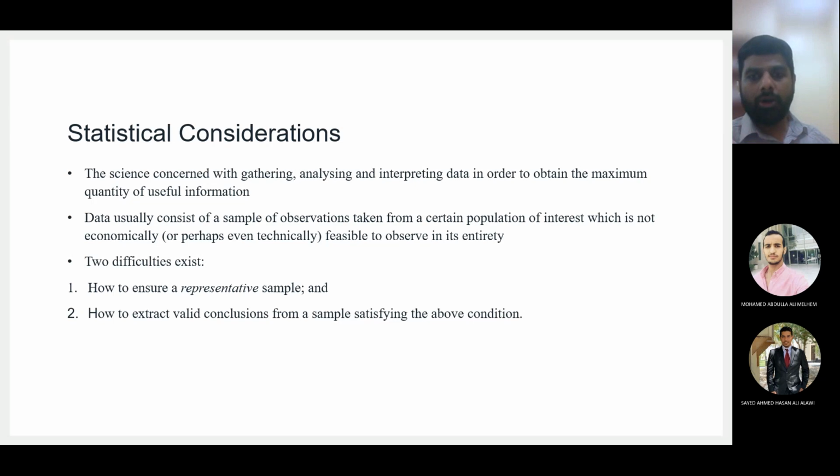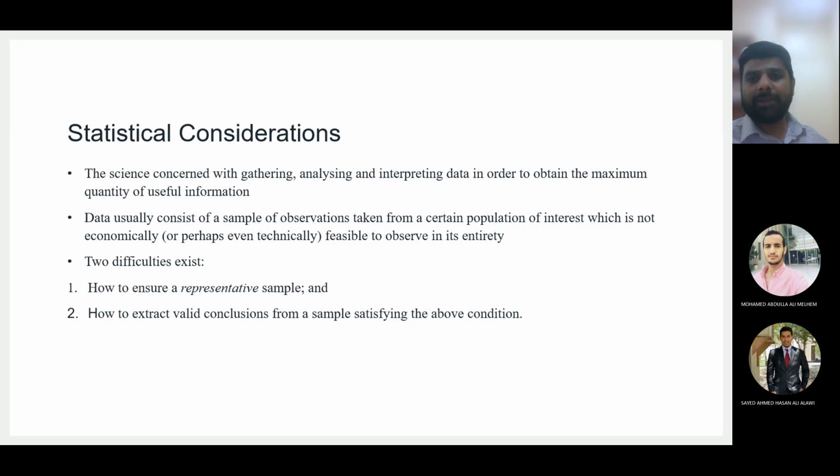You always rely on a sample of values, because collecting the data for the entire population is not economically feasible. It will require a lot of effort, a lot of time, and a lot of people, and even if you collect the data, you need a lot of effort to analyze it. Dealing with 100 values is more convenient as compared to dealing with 100,000 values, right?